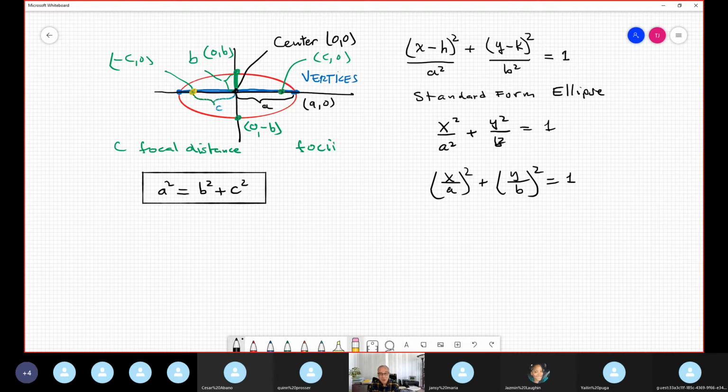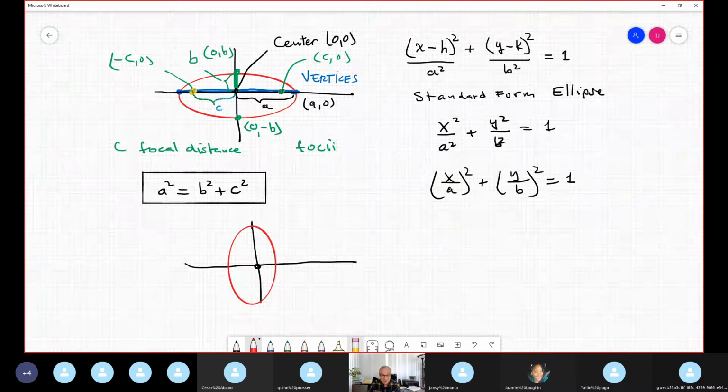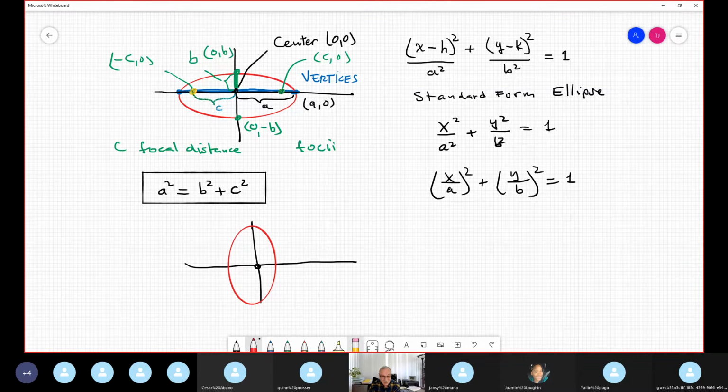Well, this is the ellipse, okay, but we have another kind of ellipse that looks like that. Suppose again, to simplify the thing, the center is located at the origin, no problem. However, this ellipse is different, it's like that. And this is called a vertical ellipse.